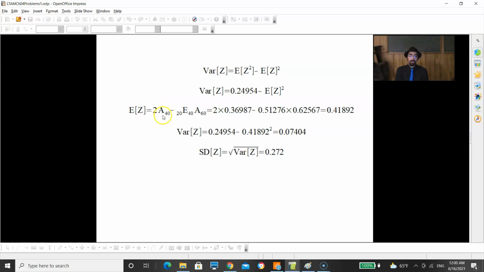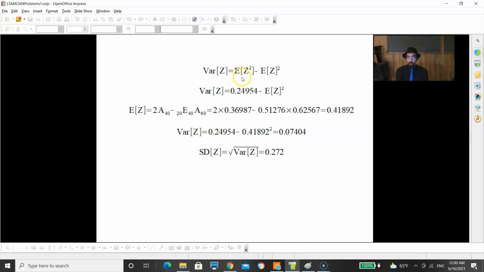Because it's Frankinsurance, you can say it's the same as an insurance policy for 2 the whole time minus a 20-year deferred insurance policy for 1. Right? That's how you get it to be 2 for a while and then drop down to 1. Crunch the numbers that they give you, gets you the mean.